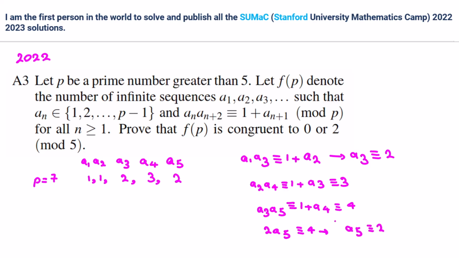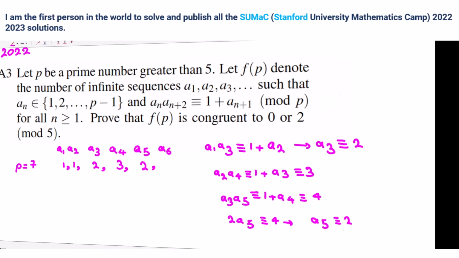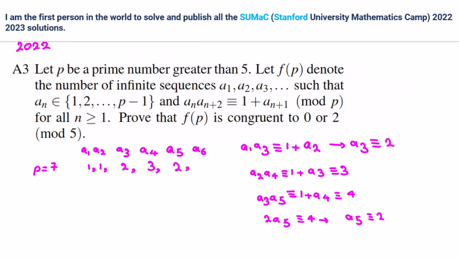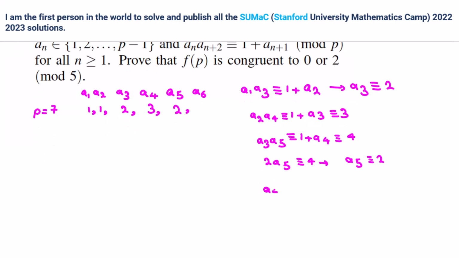Good job. Now, let's calculate A6. A6 is 1. Let's check. A4 times A6 is 1 plus A5, which is 3. A4 is 3, so A6 is 1.